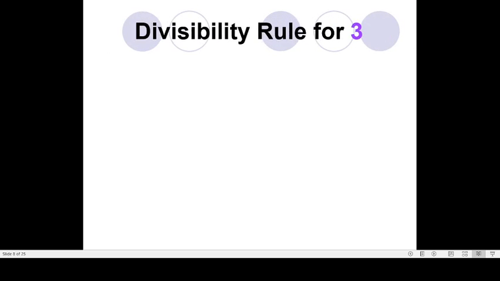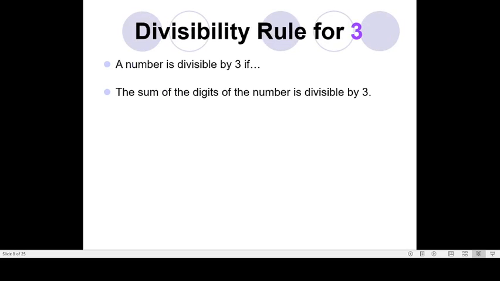Now divisibility rule for 3. A number is divisible by 3 if the sum of the digits of the number is divisible by 3. To understand this, let's see one example. 354. So here, to check the number is divisible by 3 or not, we need to add all the digits of this number.